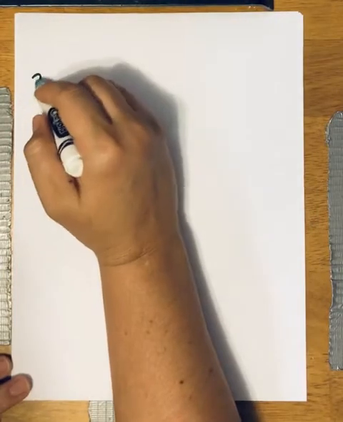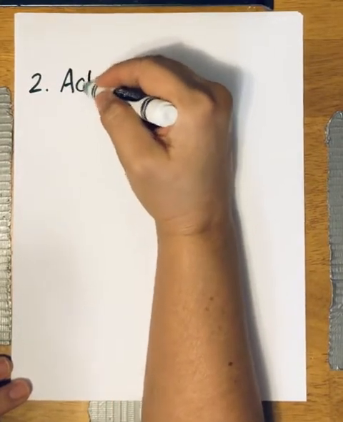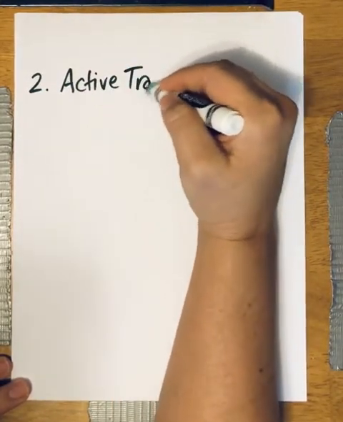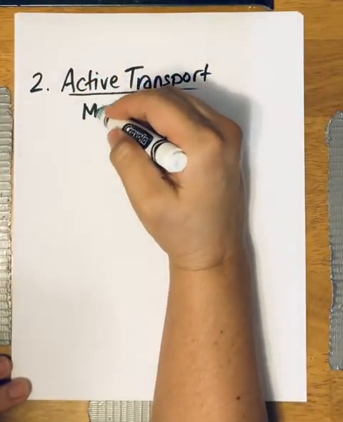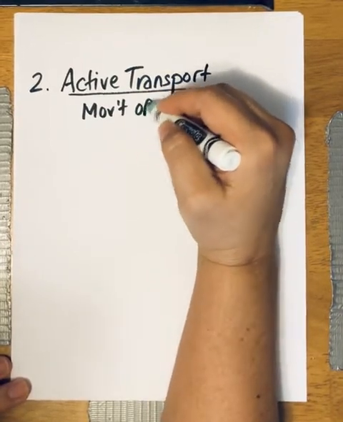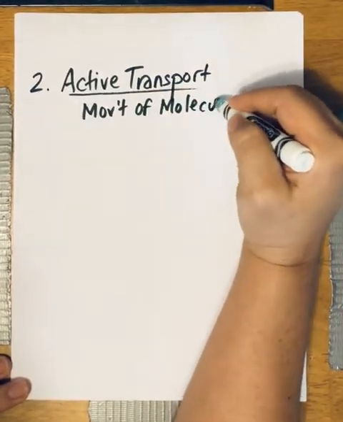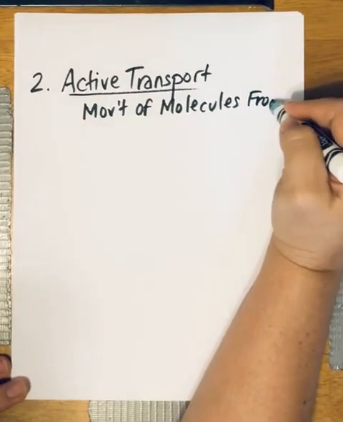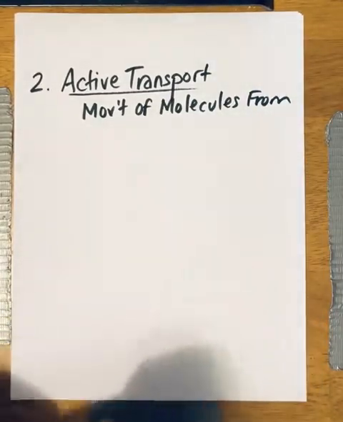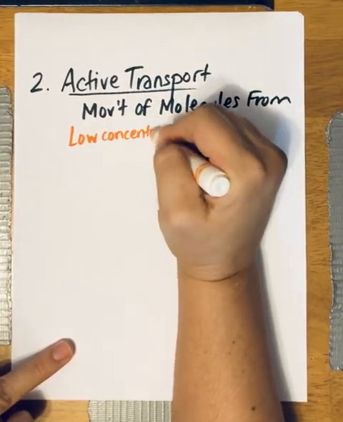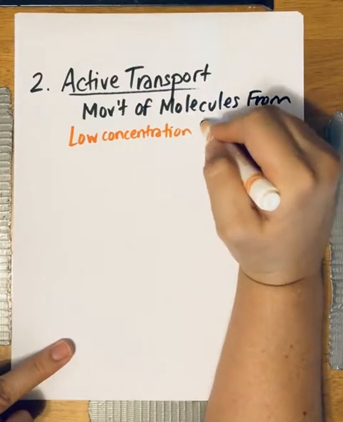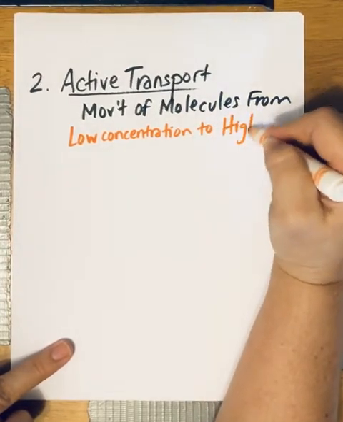So the next type of transport is active transport. This is going to be the movement of molecules from its reverse, low concentration to high concentration.